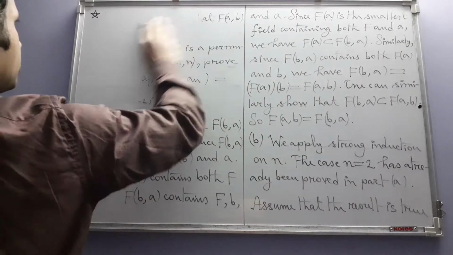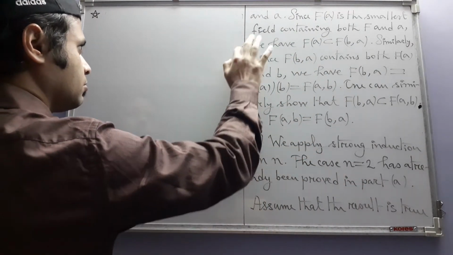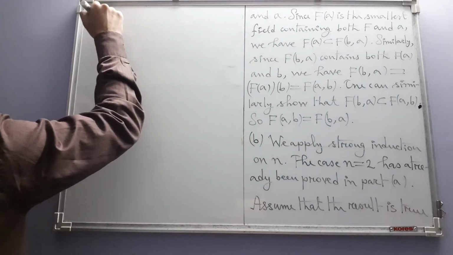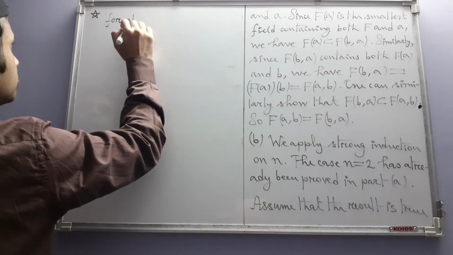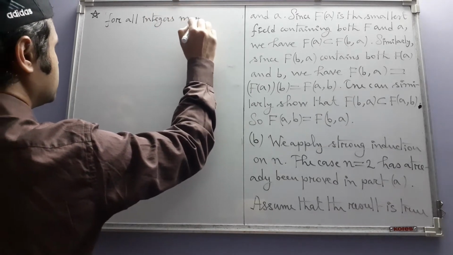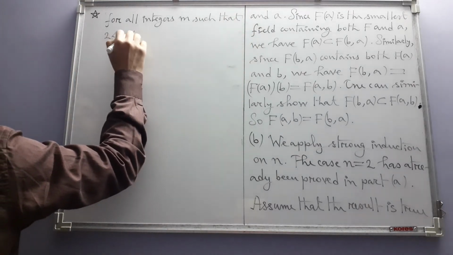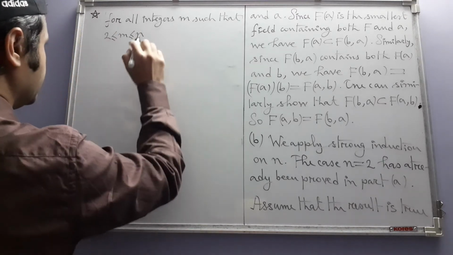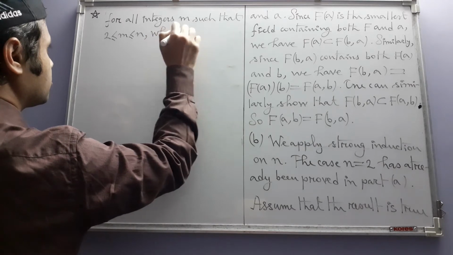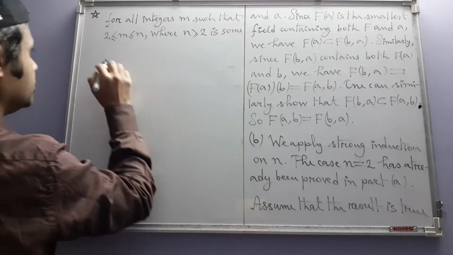Now we will assume our induction hypothesis. Assume that the result is true for all integers m such that m lies between 2 and n, where n greater than or equal to 2 is some integer.